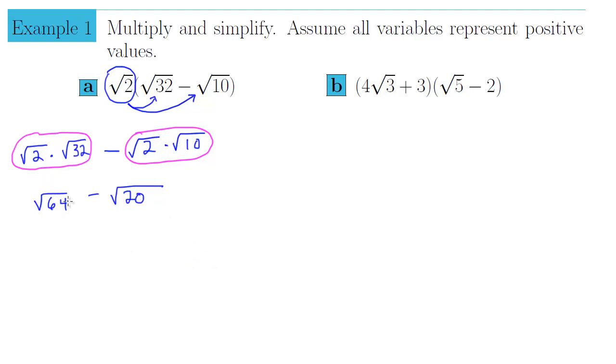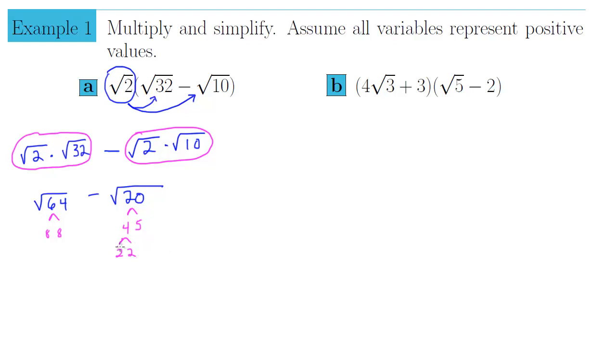Now we've done our multiplication, but we have to simplify each of these radicals so that we can see if they're like radicals and then collect them if we need to. 64 is straightforward to simplify since it's 8 times 8. 64 is a perfect square. Root 20, in order to simplify that, we factor 20 into 4 and 5, and factor the 4 into 2 and 2.